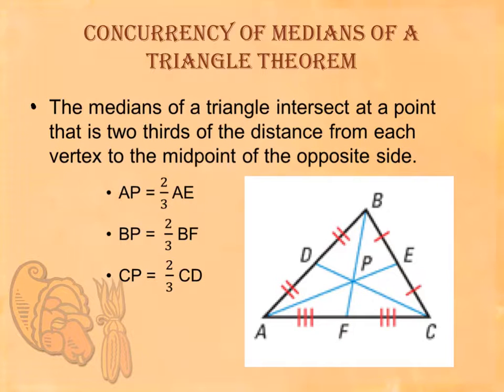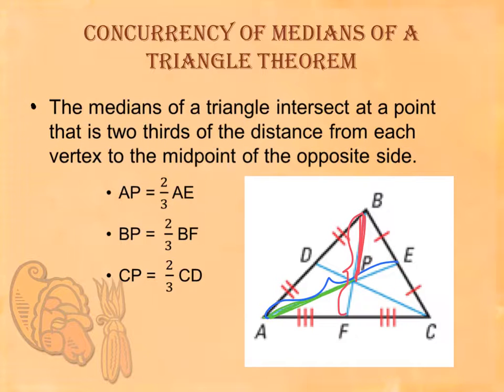So if I look at the first one, AP, which is from the vertex to the centroid, is 2/3 the length of the whole, which is AE. BP is 2/3 the length of the whole, which is BF.